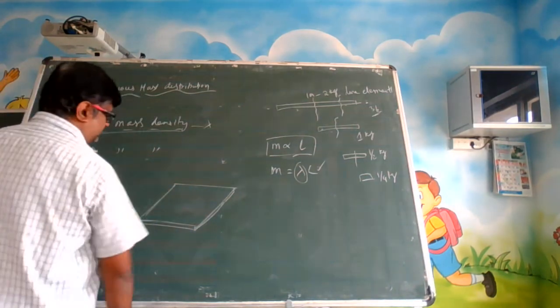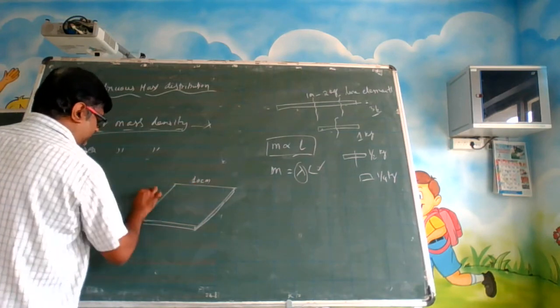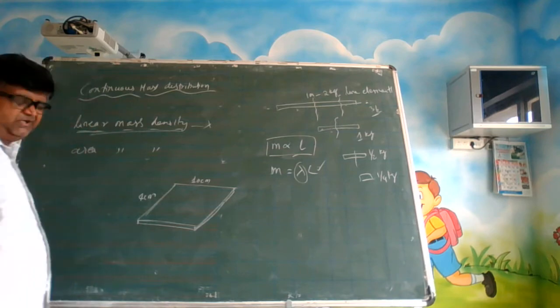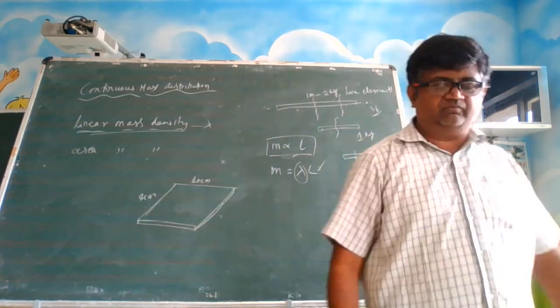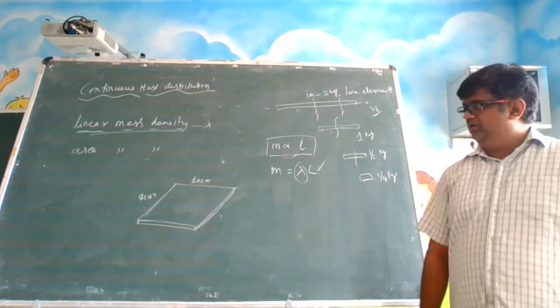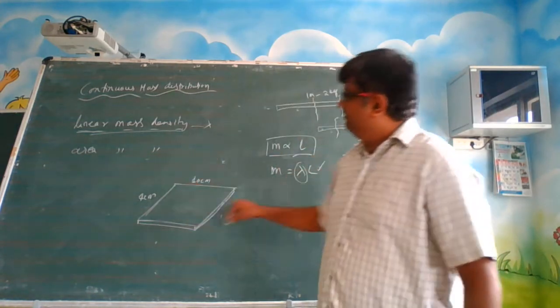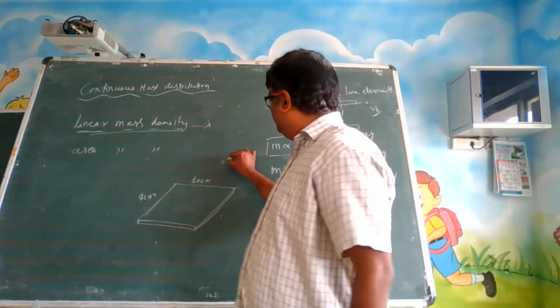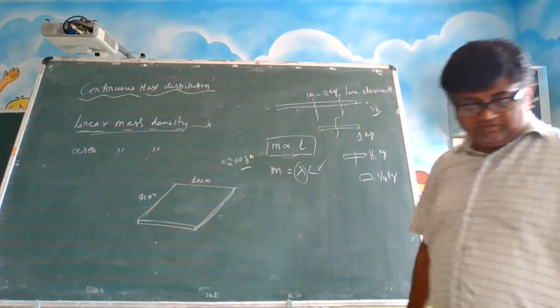Let us say this plate is 10 centimeter by 4 centimeter. It will also have some mass. Let us say this plate has a mass of 200 grams, just a hypothetical value I am taking.